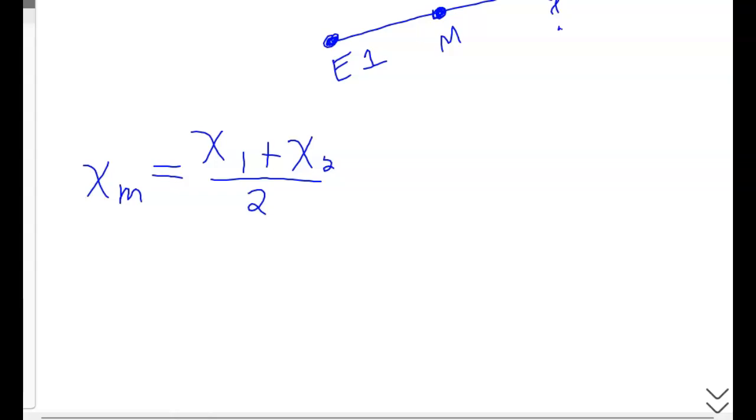But in the formula, who's going to be missing this time? xm, x1, or x2? The second endpoint is missing, so put a box around it. This is for right now. Okay. Does everybody understand what the m stands for here? The midpoint of the x's.